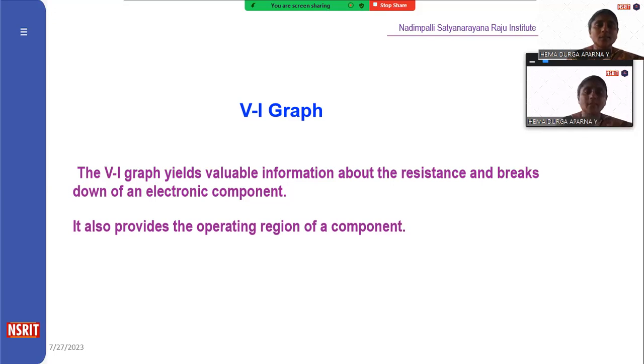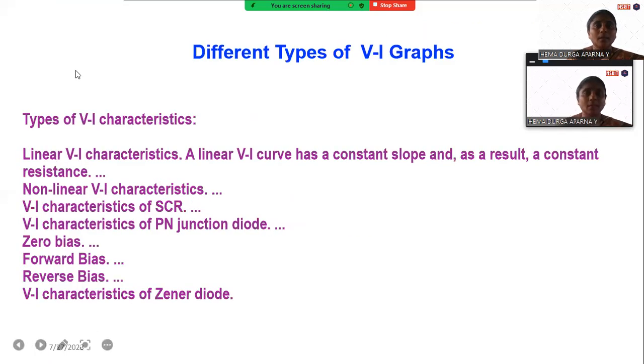And what is the use of deriving the VI characteristics for a particular device? By observing the VI characteristics, we can identify the working region, operating point or threshold point of a device. And what are the different types of VI graphs available?